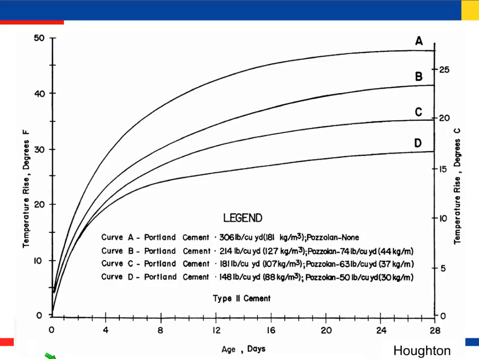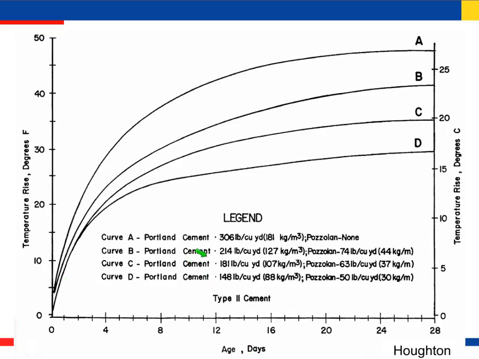Okay, so here's a plot. This is temperature rise versus age. This is for mass concrete. If you take a close look, the cement contents are really, really low, but this is like for a dam. This is work by Don Hooten, a really famous fellow in the field of dam construction. This is many years ago, and what you see is temperature rise plotted versus age.